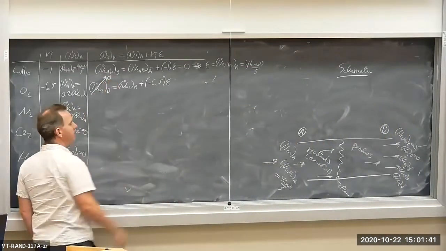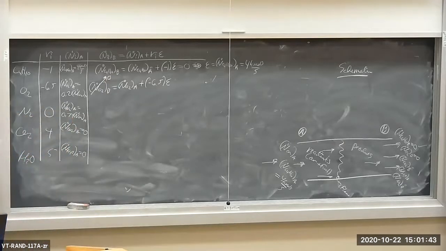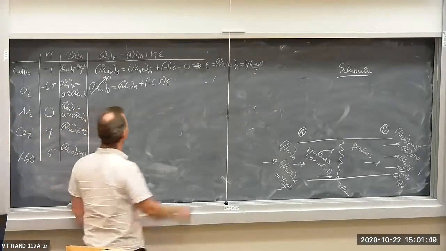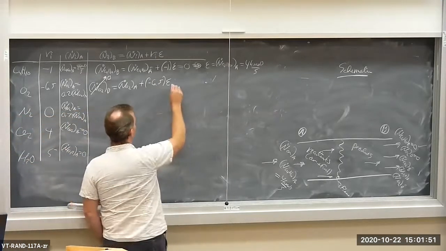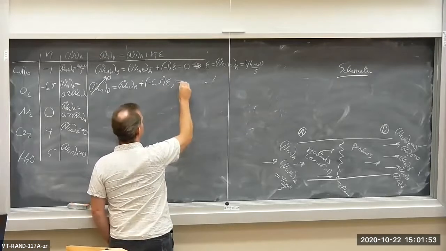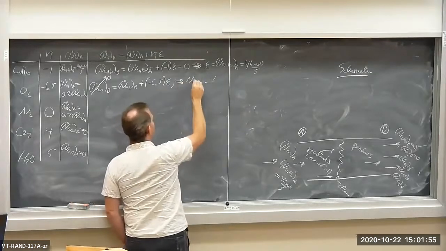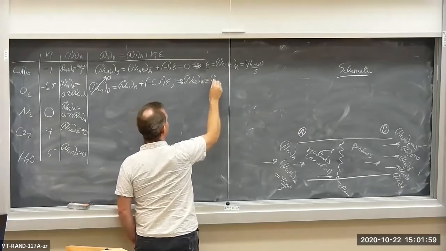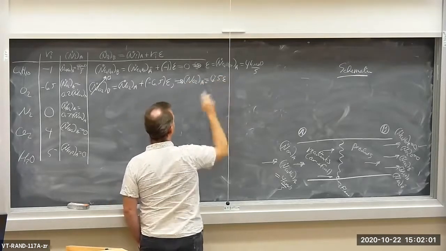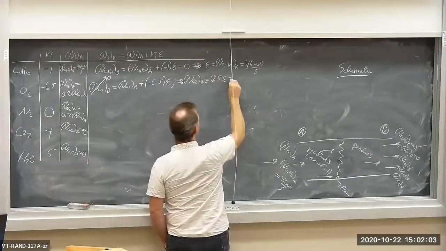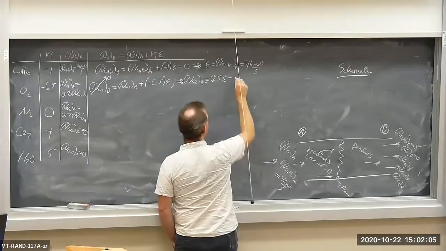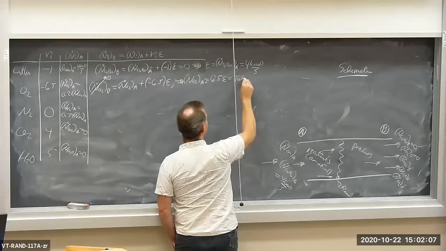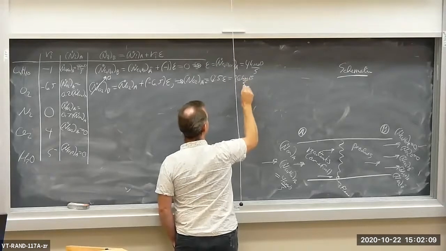So this is gone. And this implies N dot O2 at the inlet is equal to 6.5 times the reaction coordinate, or 6.5 times 4, that's 26 kilomoles per second.